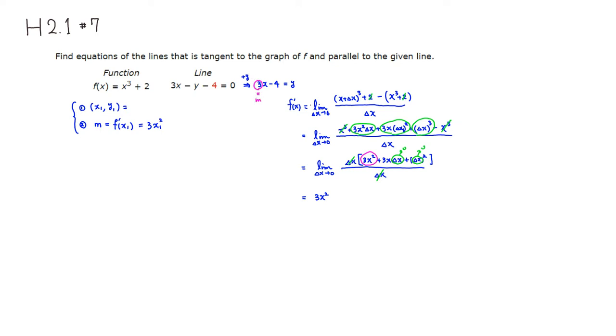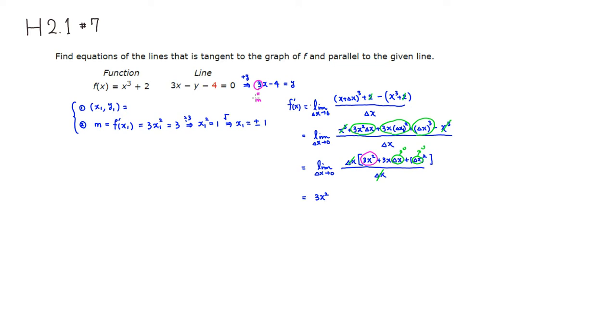We can set this slope equal to 3 and solve for x1. First we divide through by 3 to get x1 squared equals 1. Then we take the square root of both sides, so x1 is equal to plus or minus 1.